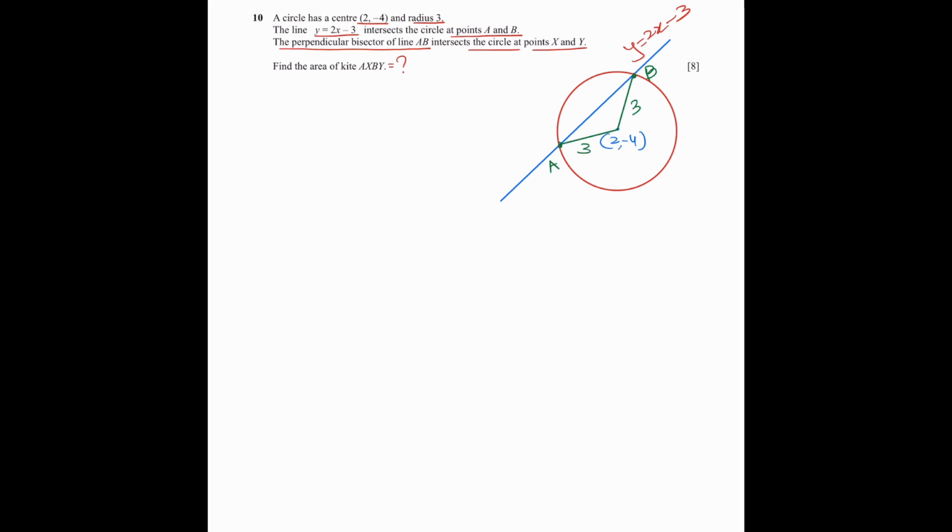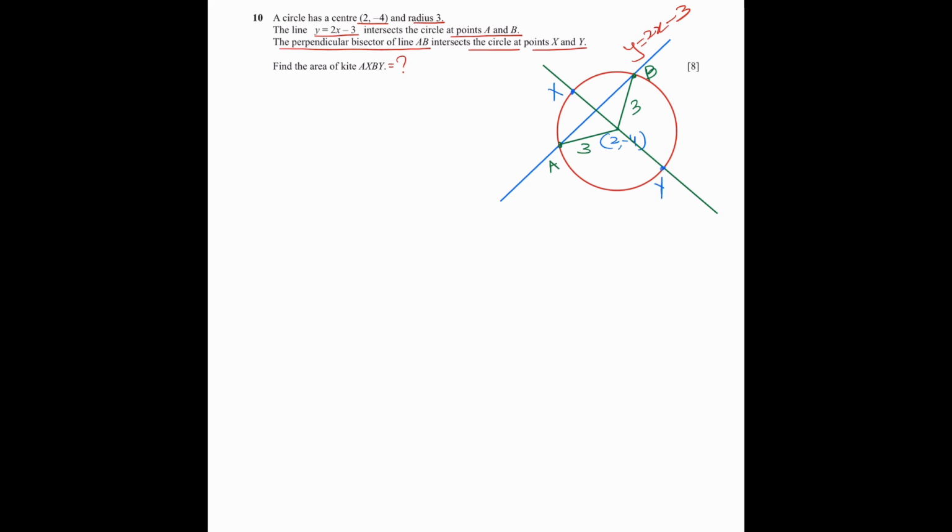Now, the perpendicular bisector of the line AB. So, this line is the perpendicular bisector. Always, the perpendicular bisector passes through the center of the circle. This is a circle property. This line intersects the circle at two points, X and Y. So, this is point X, this is point Y.